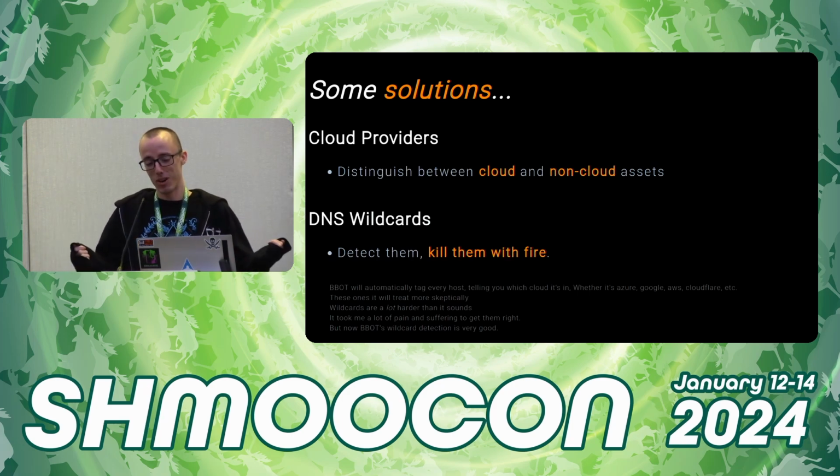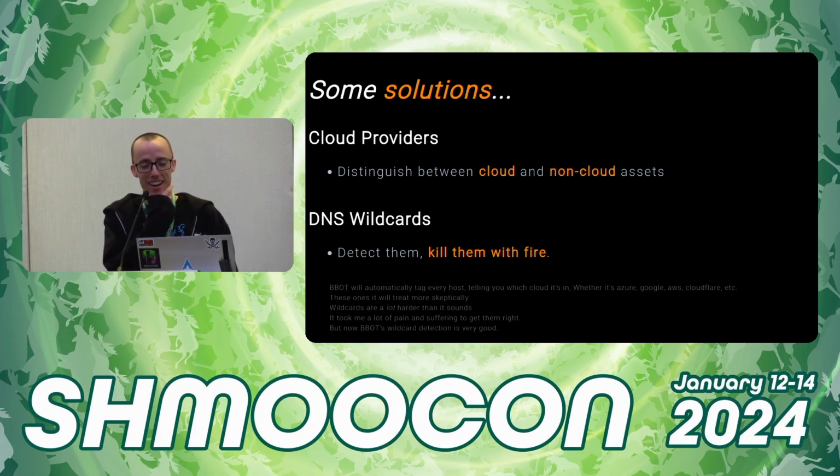And DNS wildcards, we fine-tuned our DNS wildcard detection to the point where basically when it saw a wildcard, it would just kill it with fire and not let it do anything. This was a lot harder to get right than I thought it would be, but BBOT's DNS wildcard detection is very good. I'm very proud of that.